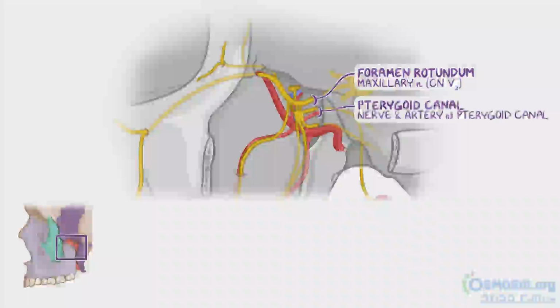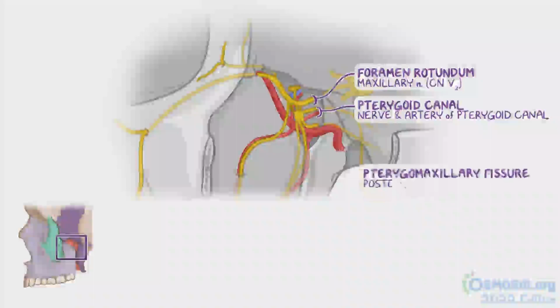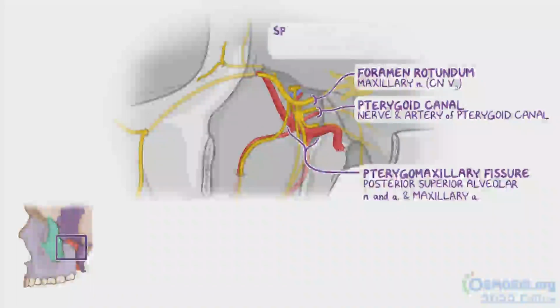The pterygopalatine fossa communicates with the infratemporal fossa through the pterygomaxillary fissure, which transmits the posterior superior alveolar nerve and artery and the maxillary artery. It communicates with the nasal cavity through the sphenopalatine foramen, which transmits the sphenopalatine artery and vein and the nasopalatine nerve.